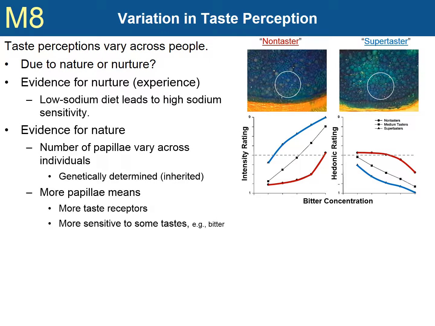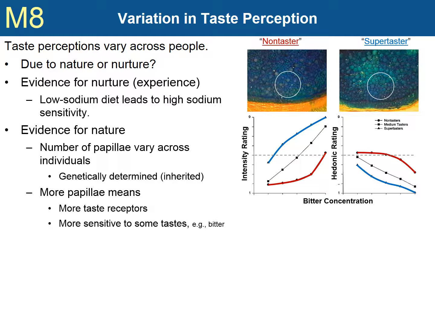For example, the graph shows ratings made by non-tasters in red and supertasters in blue when tasting a bitter substance. They rated the intensity and the hedonic value, or how pleasurable it was, on a scale of 1 being low and 9 being high. The dashed line represents a rating of 5, or a moderate rating.